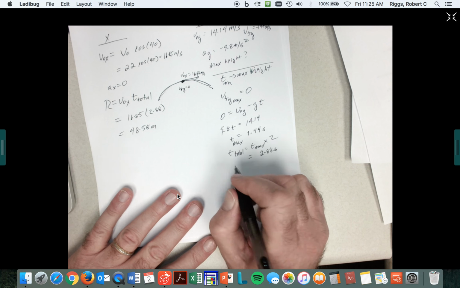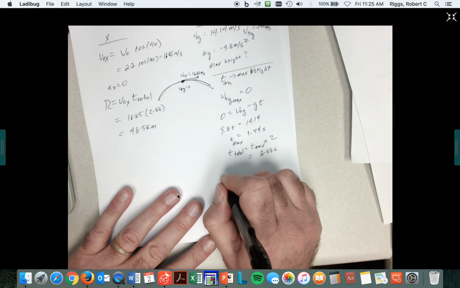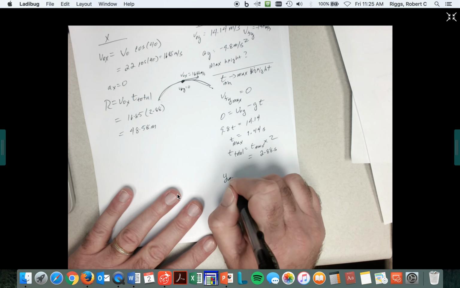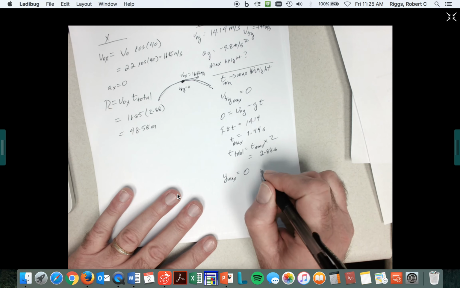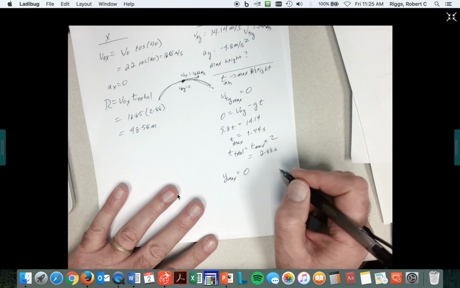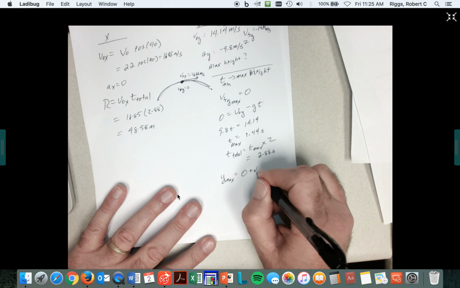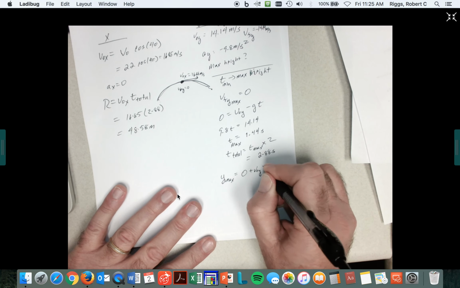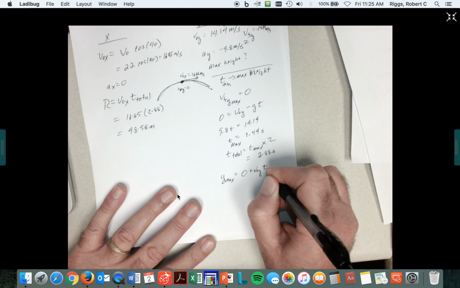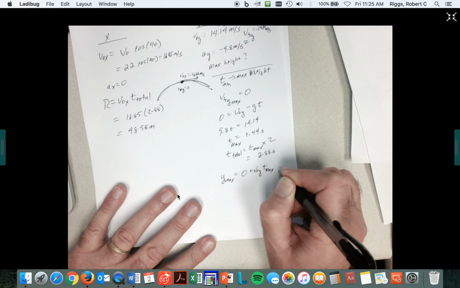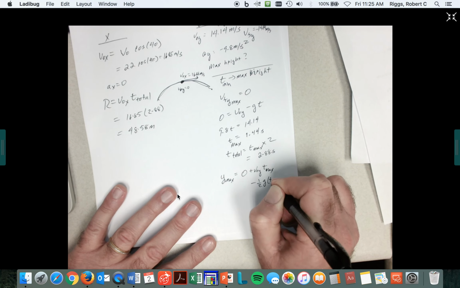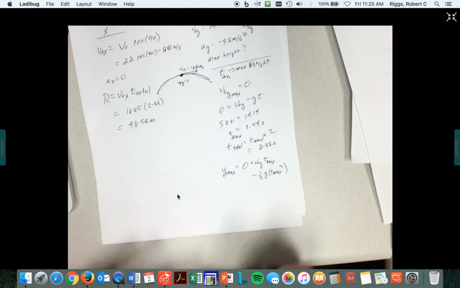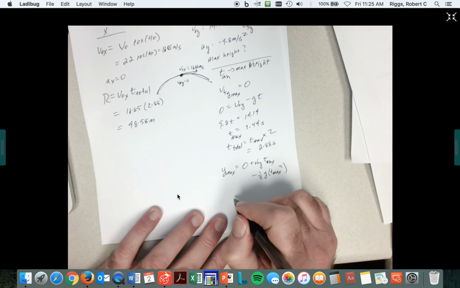Because I've got y max is equal to y naught, which is 0 where it started, because my initial height was 0, plus v naught y times t at t max height, minus 1/2 g t max squared. Piece of cake.